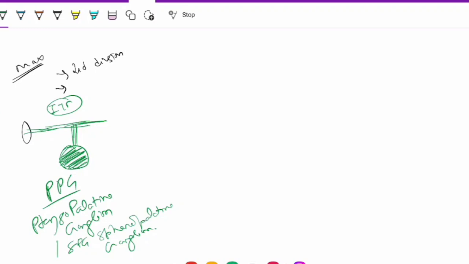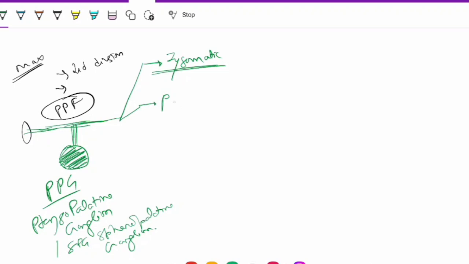Now at this level, at the level of pterygopalatine fossa, it's not infratemporal, it's pterygopalatine fossa region, it gives off branches. What are these branches? First branch is known as zygomatic. Second branch is known as pterygopalatine.